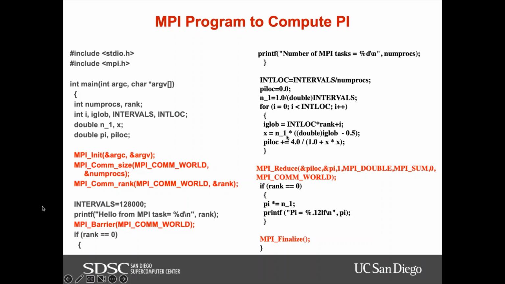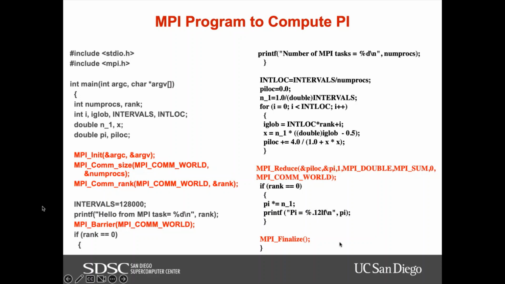So you calculate the 4 over 1 plus x squared again. Now, this local pi is going to be local to each task. So then you have to explicitly do a reduction operation. This is another function call, which takes the local pi and does an MPI sum on all the tasks and then puts it in this pi variable.